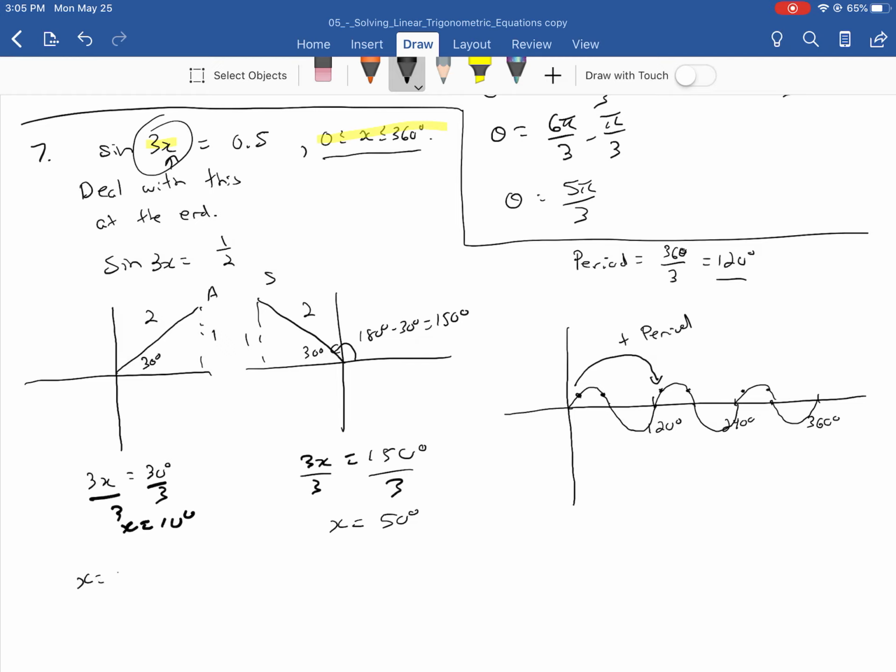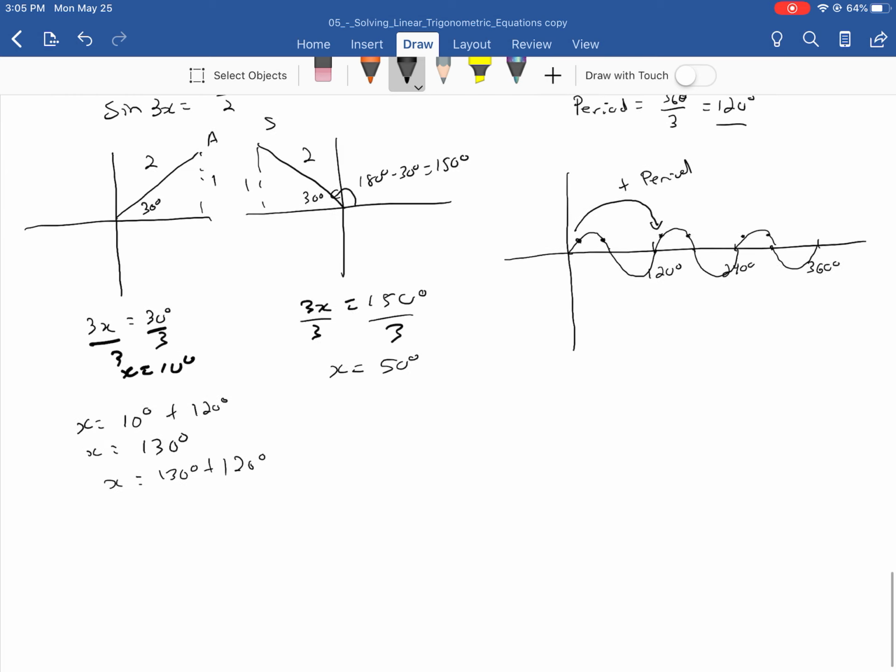Well, finding the other answers is easy, though. How do we get from this answer to the next answer? That's plus 1 period. That's just the answer on the next period. So the period here was 120 degrees, so we'll have other answers. x equals, there'll be one at 10 plus 120 degrees. So there'll be another answer at 130 degrees. There'll be another answer at 130 plus another 120 degrees, which is the period.